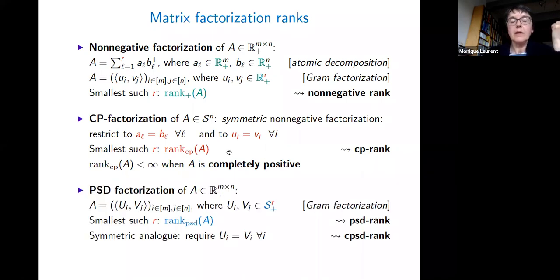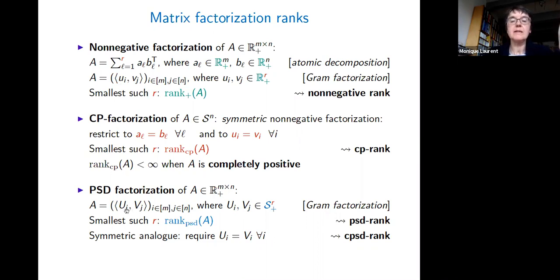There are matrix analogs of these notions. Oh no, I should look here at the Gram factorization. When you try to find a Gram factorization not by vectors, but by matrices U and V, matrices which are now assumed to be positive semidefinite, and you want the size of these matrices to be as small as possible, then this R is the PSD rank.